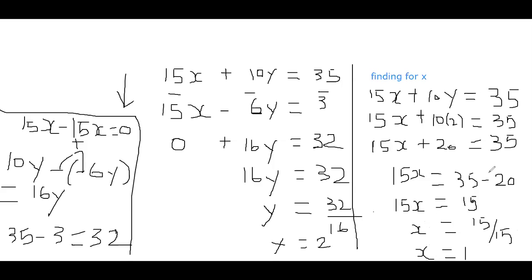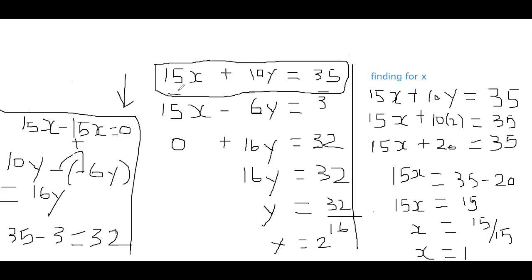How can we check to see if our answers are correct? So we have for our answer, x is equal to 1 and y is equal to 2. We could check by substituting both answers in any one of the equations. And if we get the value on the right hand side, it means that we are correct.